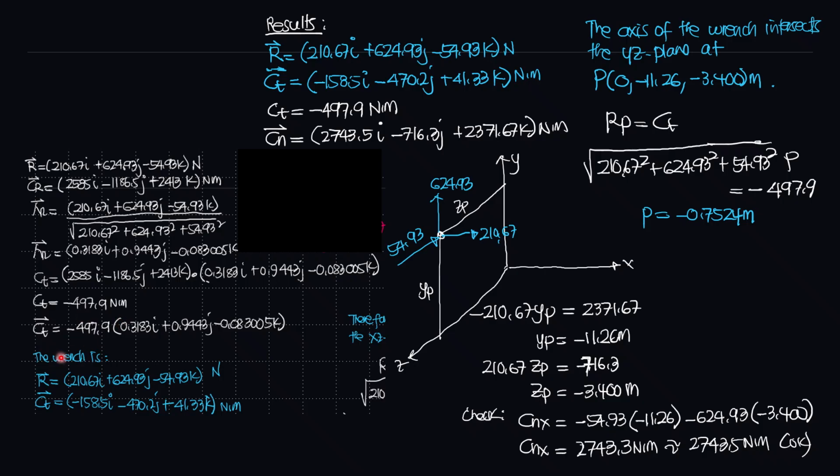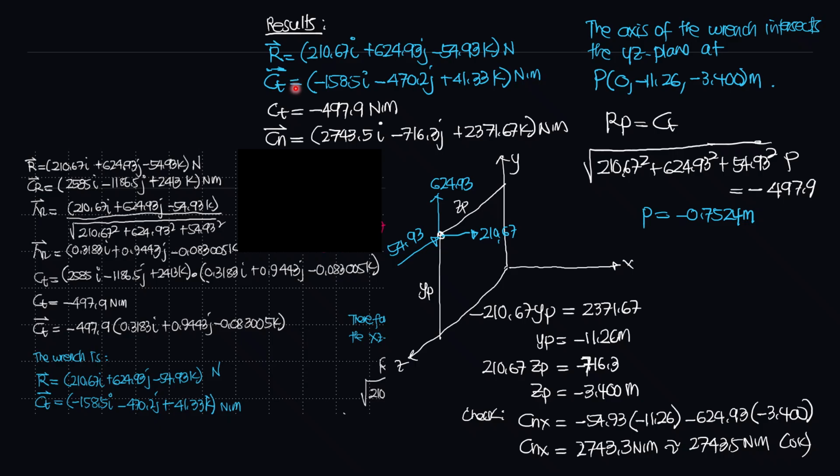In vector form, we multiply that magnitude by the unit vector of the resultant force again, and we get the following results.